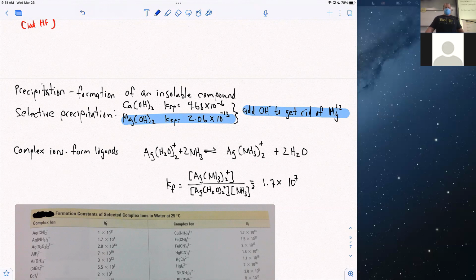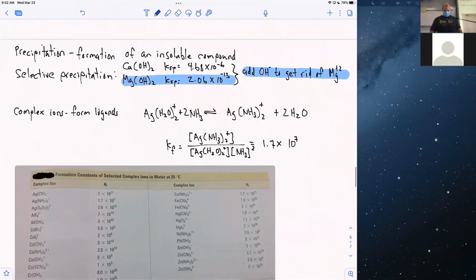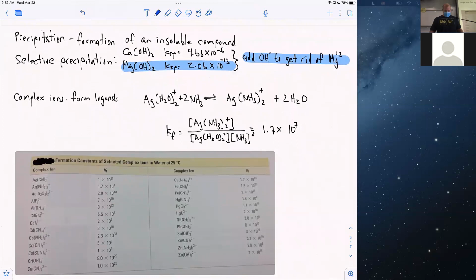A tiny bit of precipitate that I can settle down in a tank is much easier than dumping a little bit of a very toxic material into a waterway. That's an example where you could use selective precipitation. But you can also use it to separate out impure materials to increase their purity. That's another spin on separation of materials.